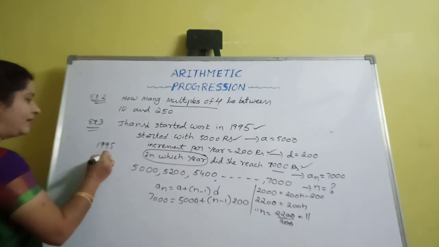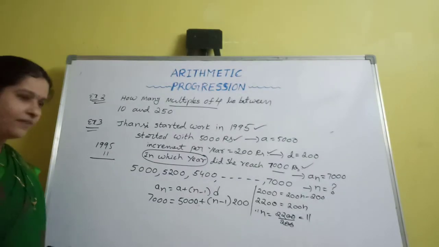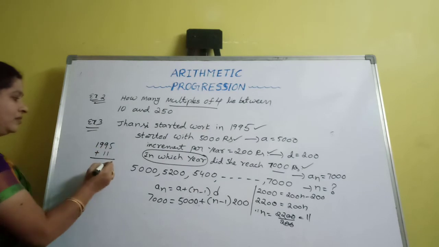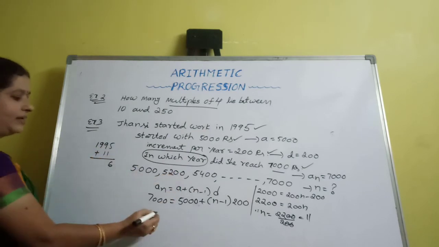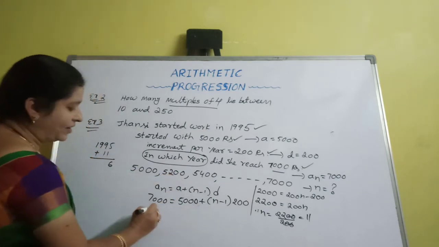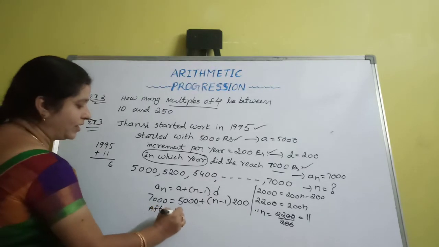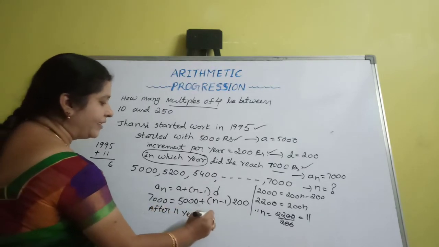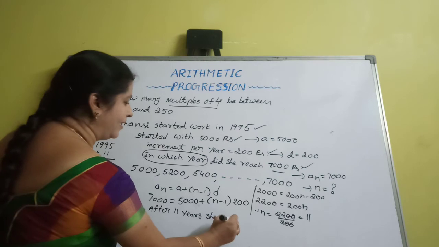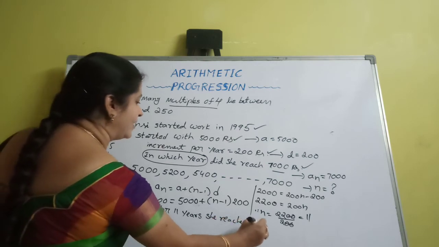So after 11 years means you can add the 11 years to 1995. So n value 11 means after 11 years, she reached the salary 7,000 rupees.